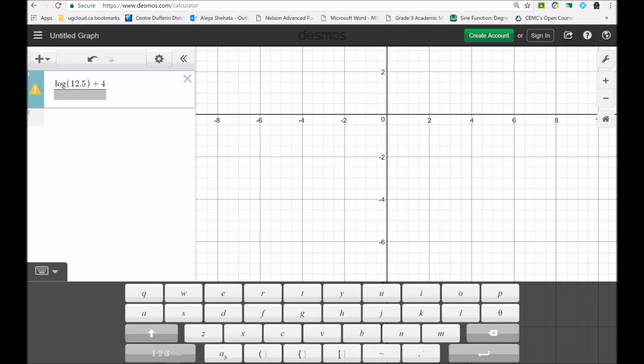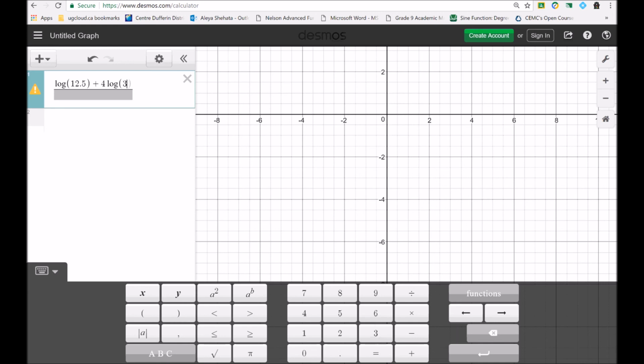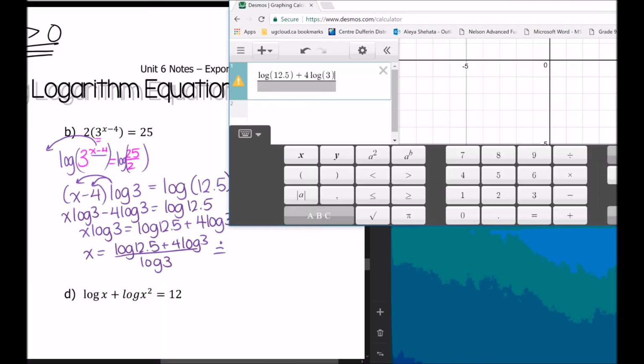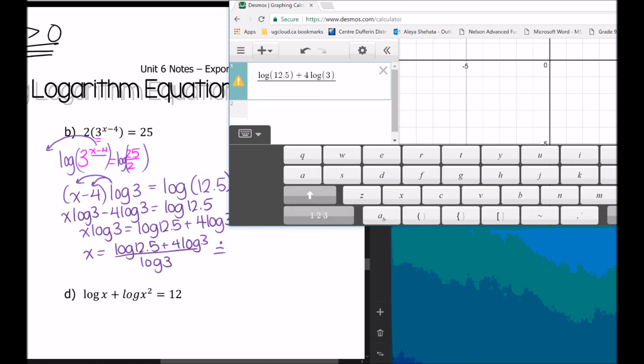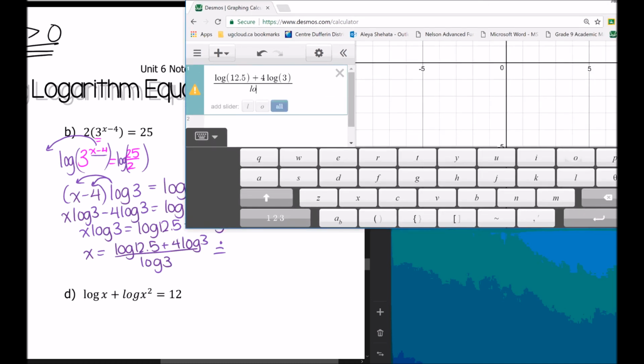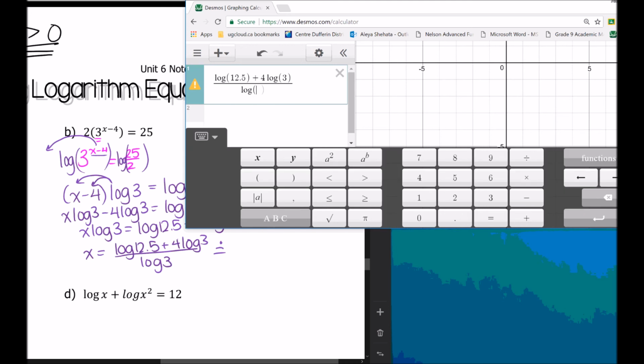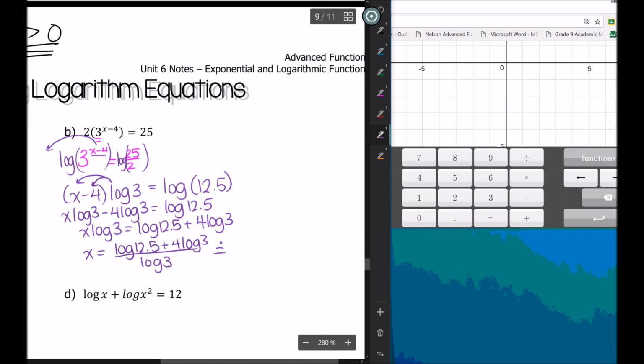Plus 4 times log of 3. And then I'm going to close my bracket here, and I'm going to divide that by log of 3 right here. And I get my answer is about 6.3. So here, my answer is approximately 6.3.